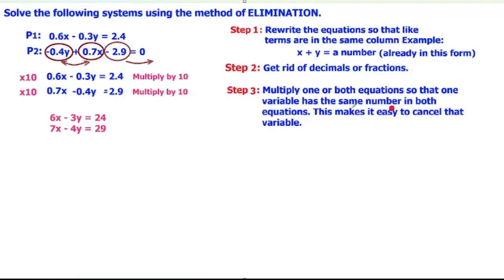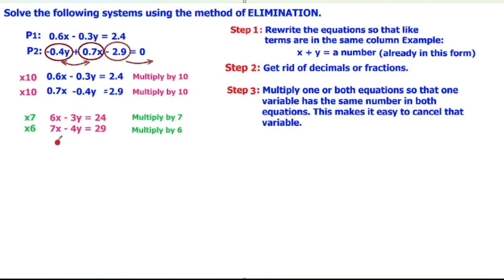So now we can multiply one or both equations so that one variable has the same number in both equations. This makes it easy to cancel that variable. Okay, so we want to get the constant in front of one of these variables to be exactly the same so that we could subtract it or add it later and then it'll disappear.